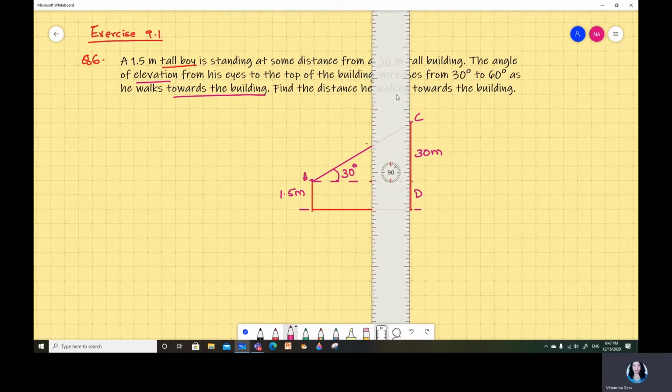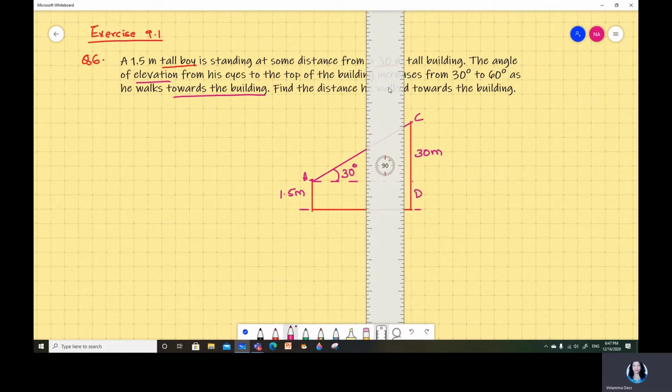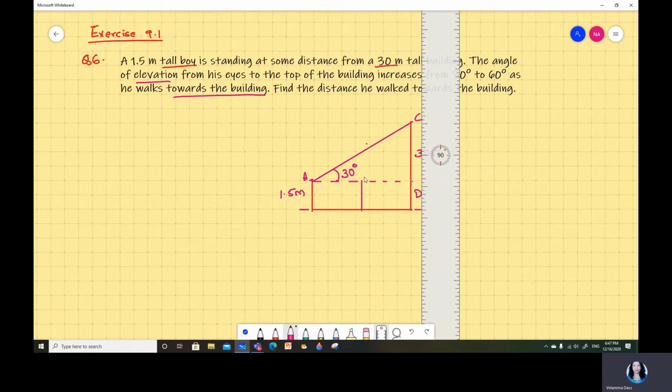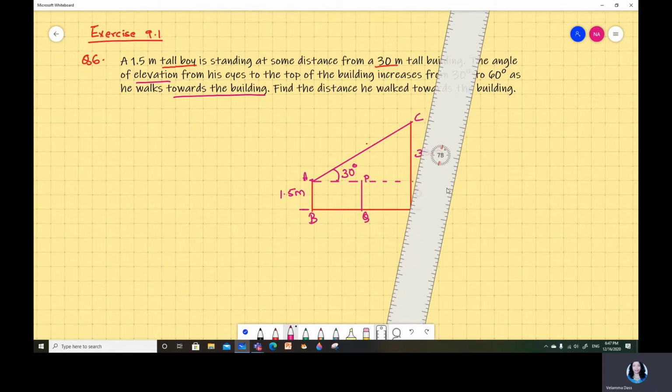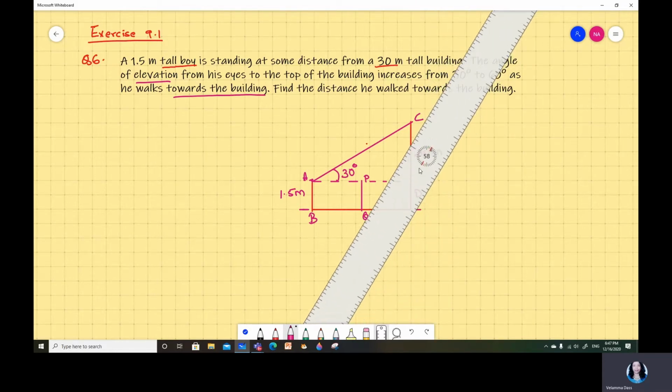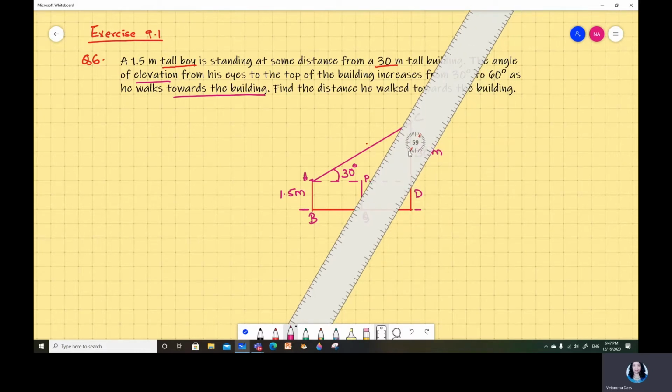So let's assume that the boy has come closer to the object. Let's assume the same boy has come here and we will assume this to be PQ. So this is AB, this is PQ. And now the angle of elevation formed from P to C increases, that is 60 degree.